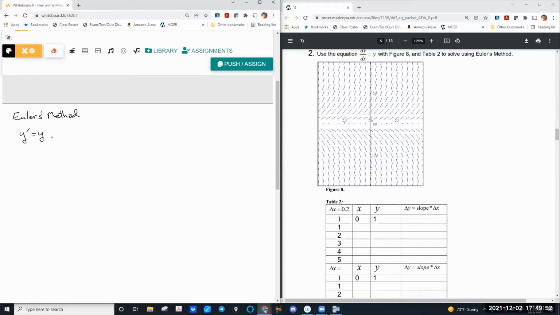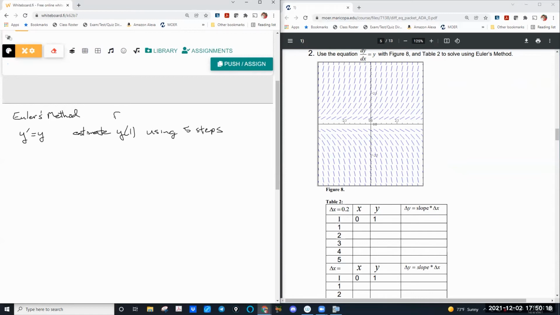So a question for this would be, say, use Euler's method to estimate y of 1 using 5 steps.